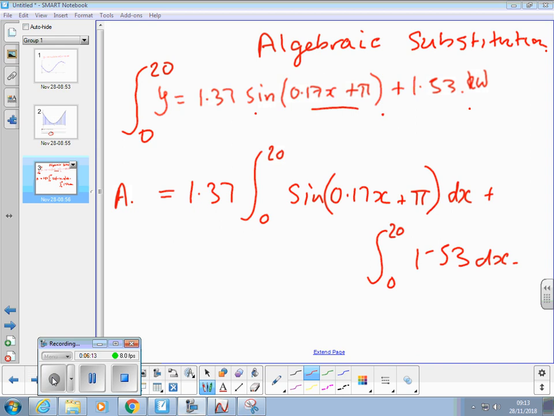Remember, when we integrate functions that are added together, we integrate each separately. I've taken the constant multiple outside of the sine function. Better still, we can write the second part as 1.53 times the integral of 1 dx.